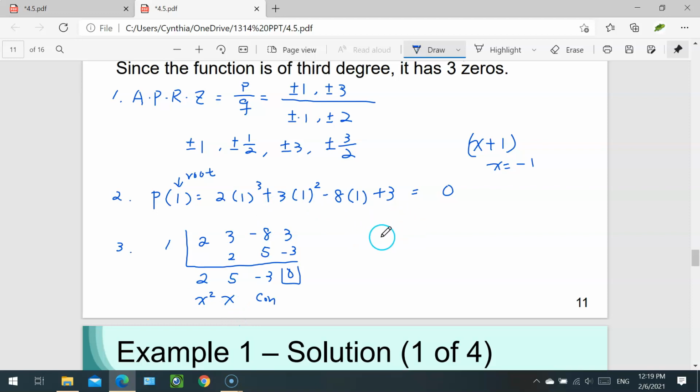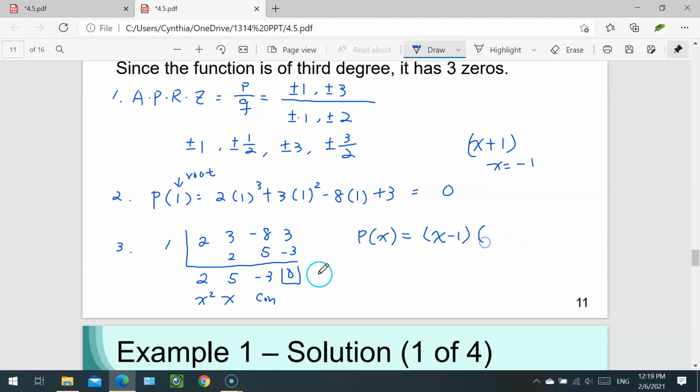So if I reorganize the function p of x, 1 is a root, right? So when I reflect the root back to the factor form, I should have x minus 1, because that's the only way you can get the root 1.